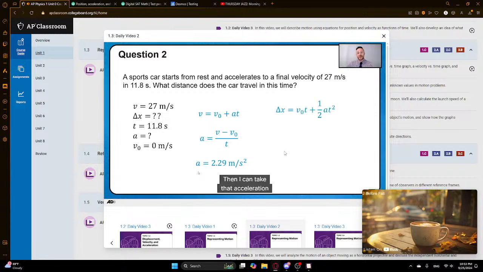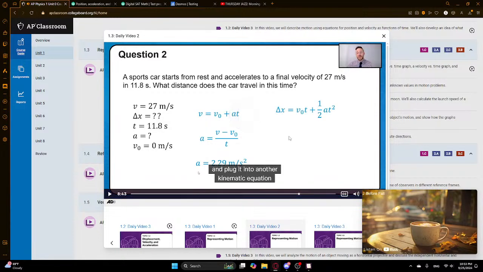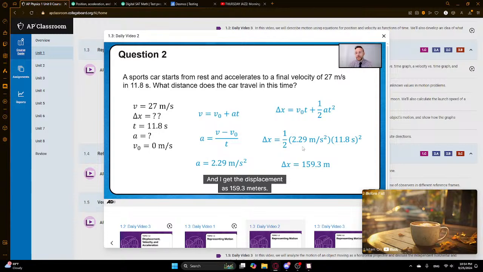Then I can take that acceleration and plug it into another kinematic equation, and I get the displacement as 159. Wait a minute.